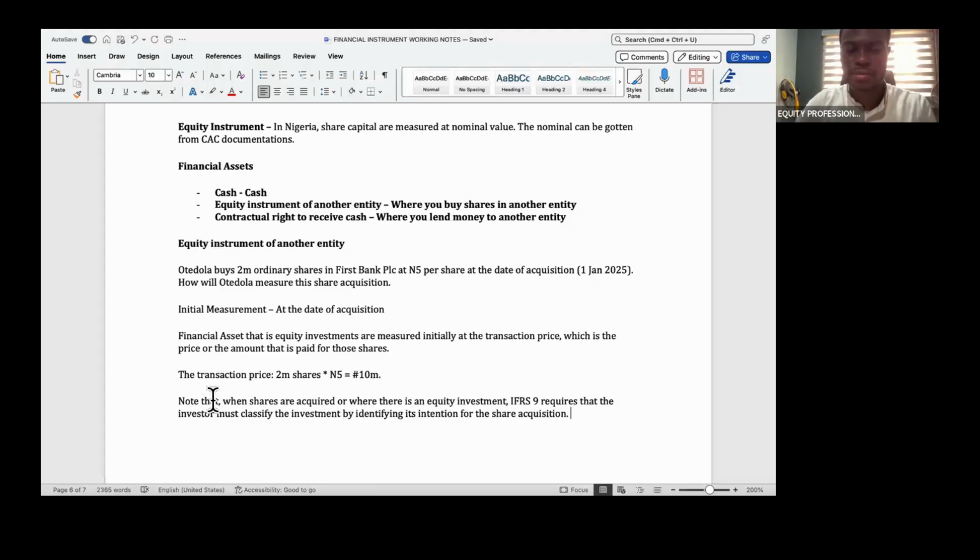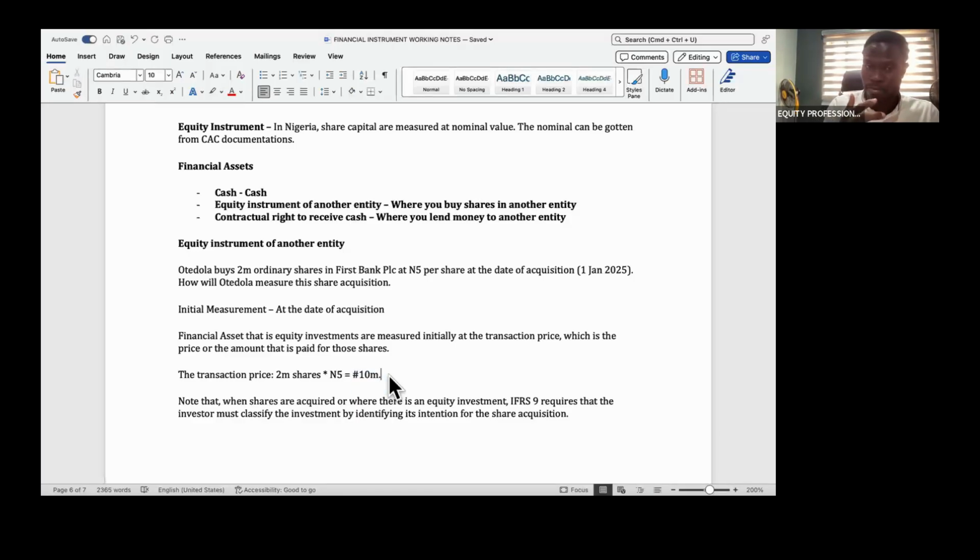So we are saying that whenever an entity buys shares, that is when there is an equity investment, IFRS 9 requires that the investor must identify his intention for that share acquisition. Like Otedola now, at this date that he bought the shares, when he wants to put this 10 million naira in his books, he needs to identify his intention.